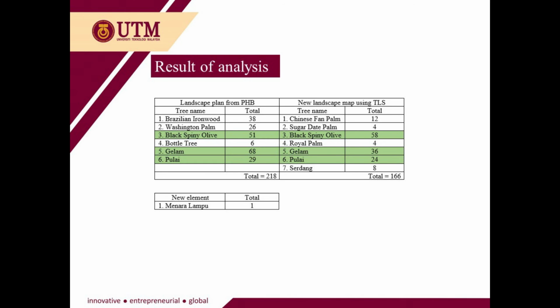There are 7 types of tree detected using TLS, and the total is 166. As you can see, only 3 types of tree are planted accordingly, followed by the landscape plan. As you can see in the table, the first one is black spinel olive, second is gelam, and then pulai.